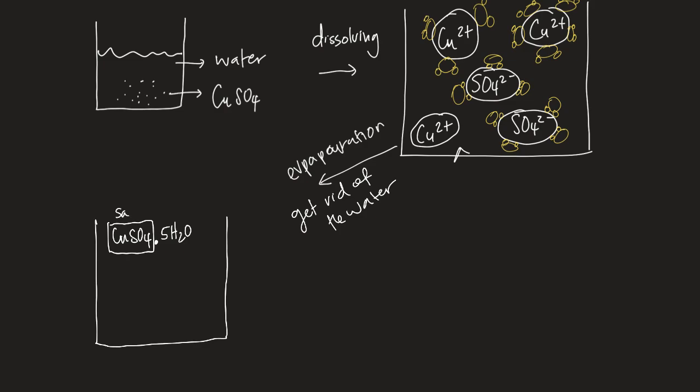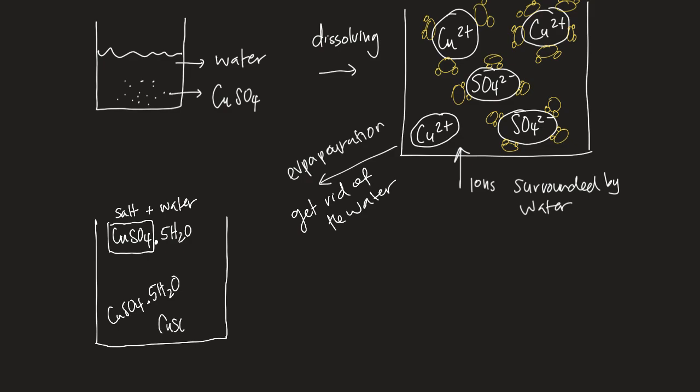So over here what you have is ions surrounded by water. But here you have your salt that's formed, and attached to the salt you have water. So you're just going to have CuSO4, and attached to it the ratio for copper sulfate is going to be 5 H2O molecules. Every single salt has this type of situation.